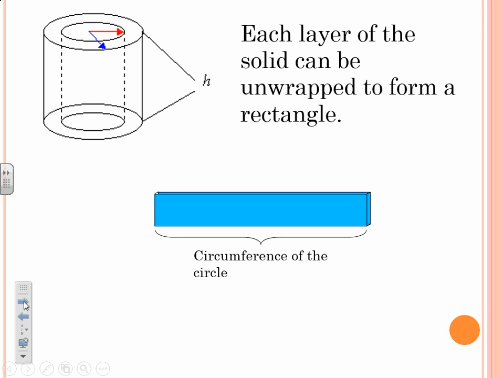Then we have the height of the cylinder, and then we have the width, which is going to be either our dx or dy, because these are going to be infinitely thin rectangles that we're rotating around.